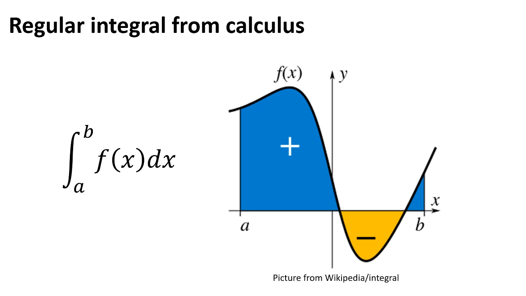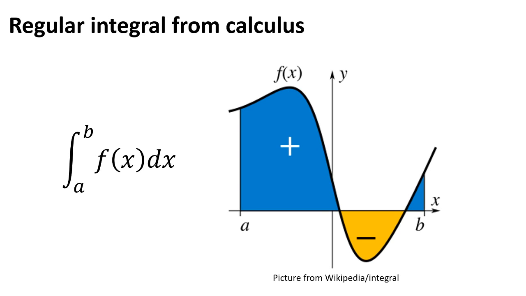As you can see over here, there's a positive area, there's a negative area, and there's a positive. So this negative area will cancel out some of the positive area, and you'll get some sort of number: how much total area is beneath the curve f of x in the interval a to b. You know what I'm saying?